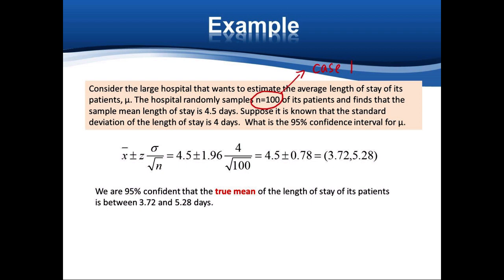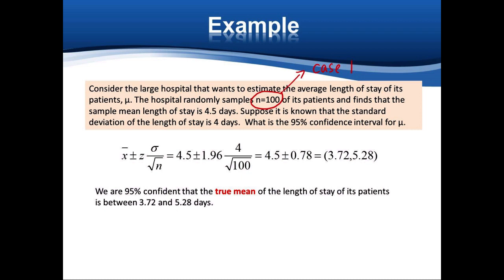Because the sample size here is 100, we consider this case 1, the large sample mean problem, and we can use the formula for case 1. Note that if sigma is unknown, we can use the sample standard deviation s instead. x bar is the average of the sample, 4.5.